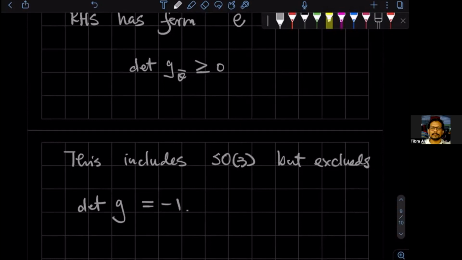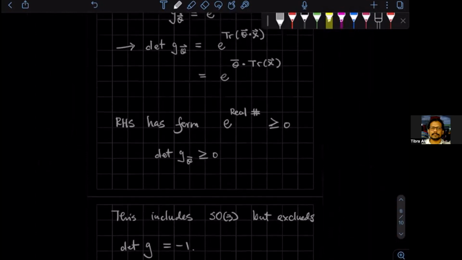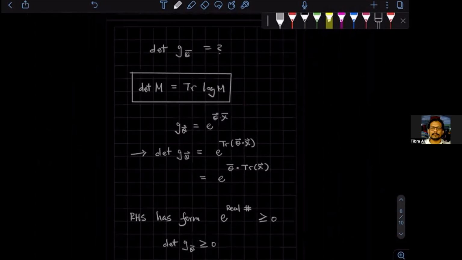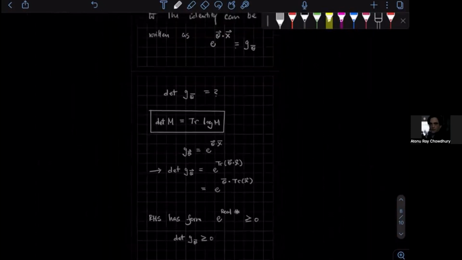All right, any questions? Could you please go up a little bit? Sure. Yeah, so this equation, determinant of m equals trace of log of m. I don't think this is correct. I think the correct one should be log of determinant of m equals trace of log of m.